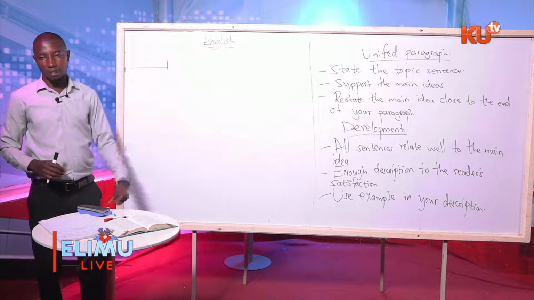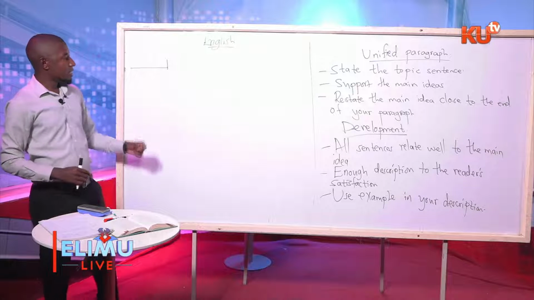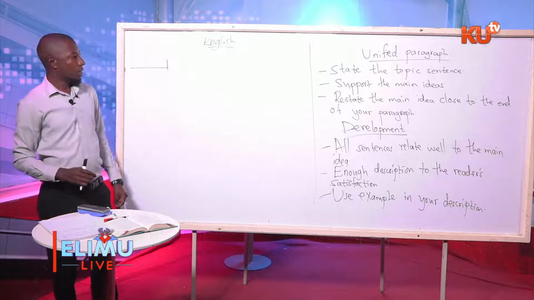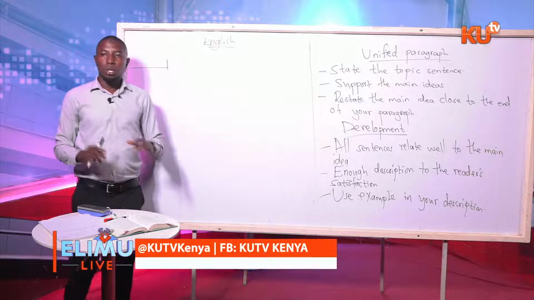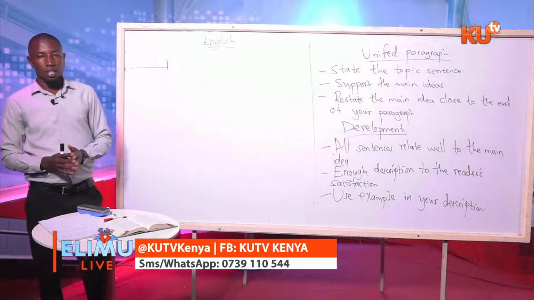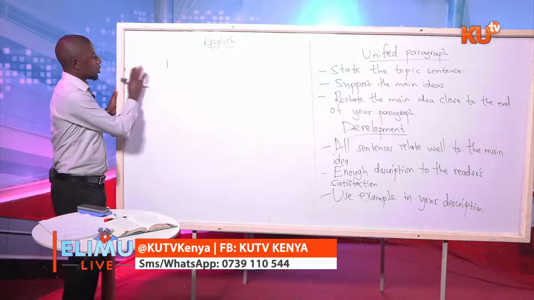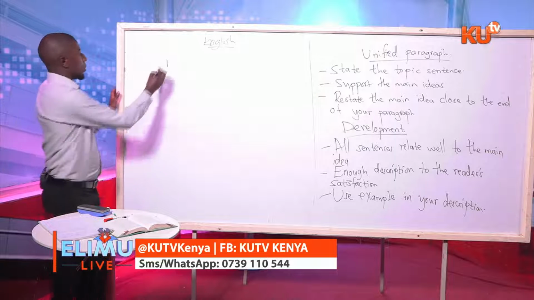However, in some high-level writing, and this is not for you as a junior secondary student, authors can write one idea for even several pages, several paragraphs, and it's allowed.